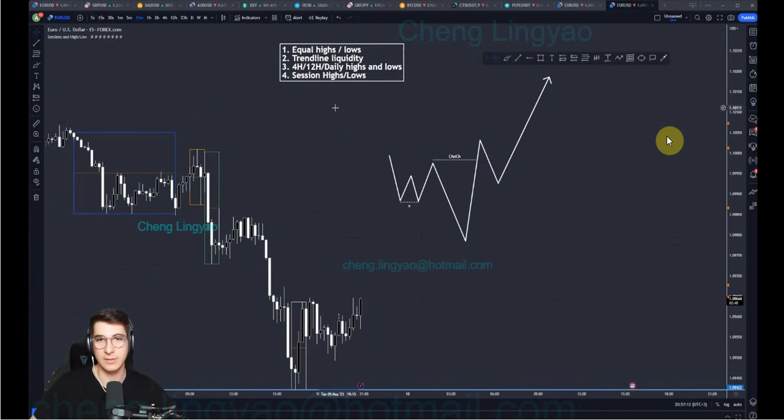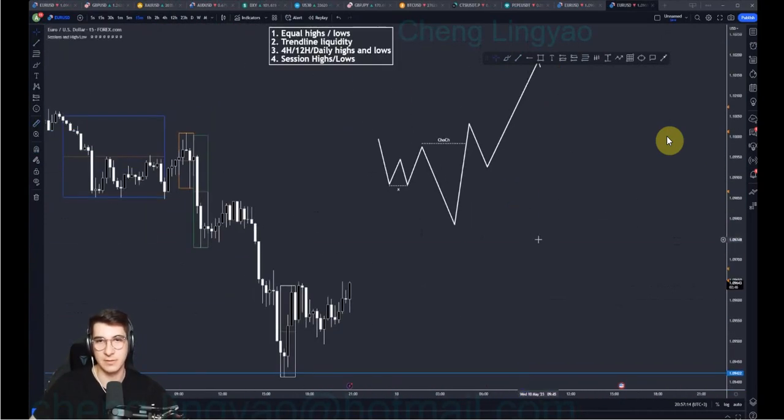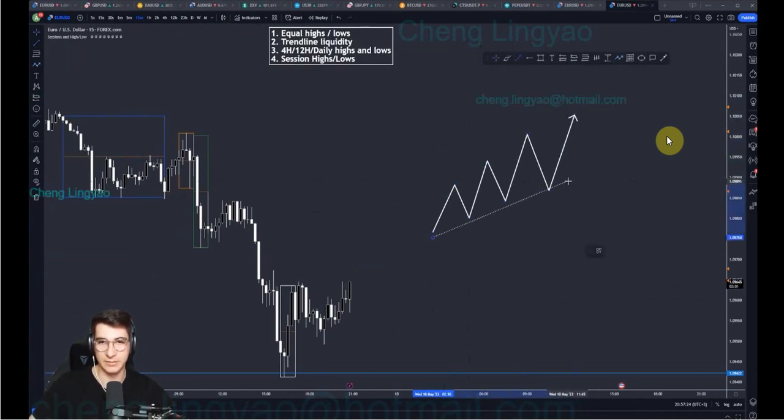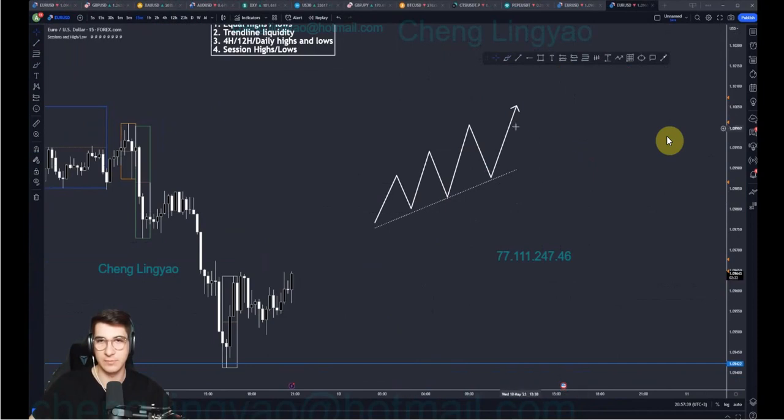Now, second thing, trendline liquidity, which is basically a similar thing. Everyone knows trend lines. When you have price moving up, you're gonna have a trend line, which most people use to take buys. So when price comes back to tap the trend line, they take buys to take price higher. Usually when there are 2 or 3 more taps and you create this trend line, it builds a lot of liquidity.